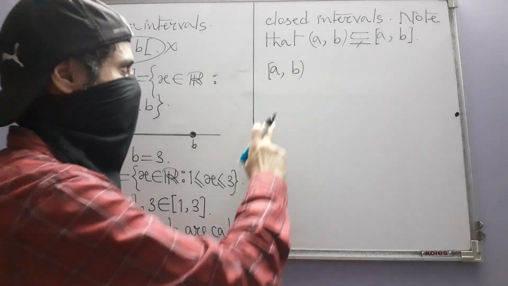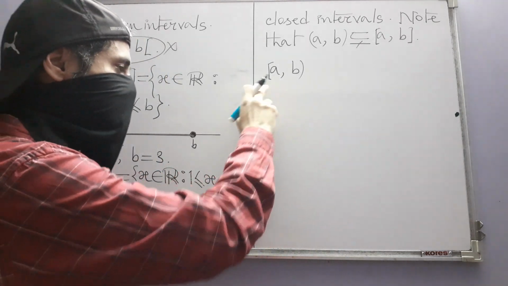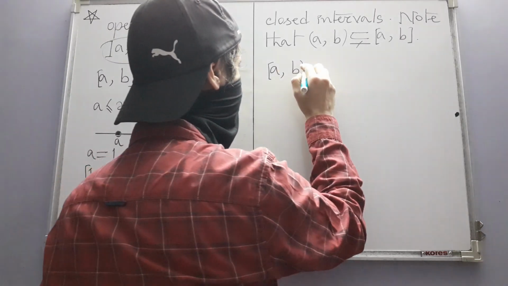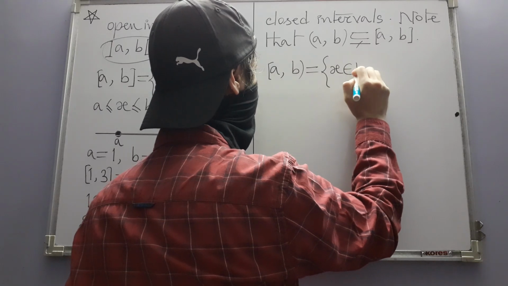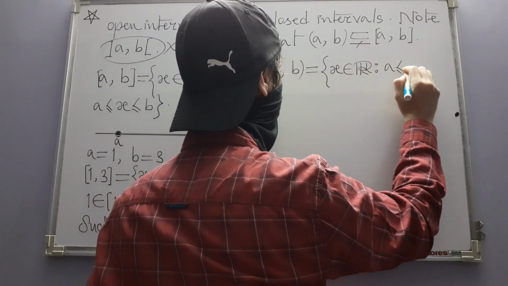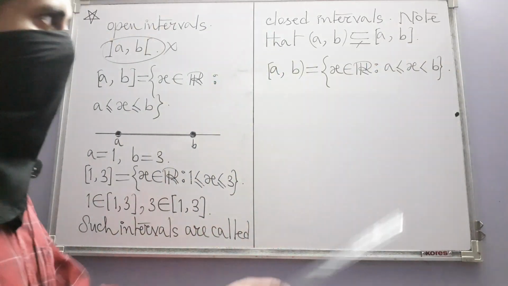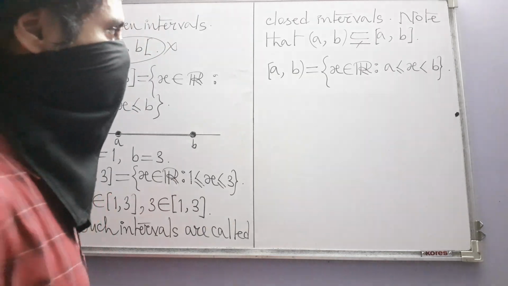For example, here this will be such an interval which has A as an element in it but not B. And accordingly in its definition, the inequalities will change. So x can be A, but x needs to be strictly less than B.